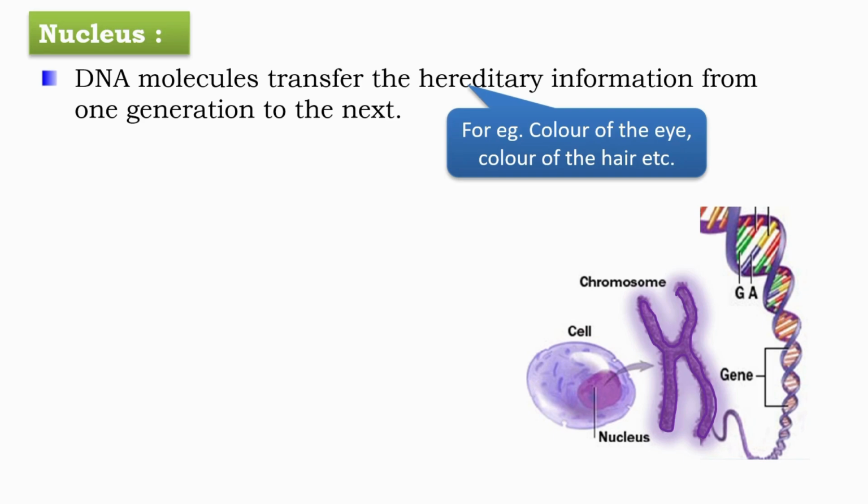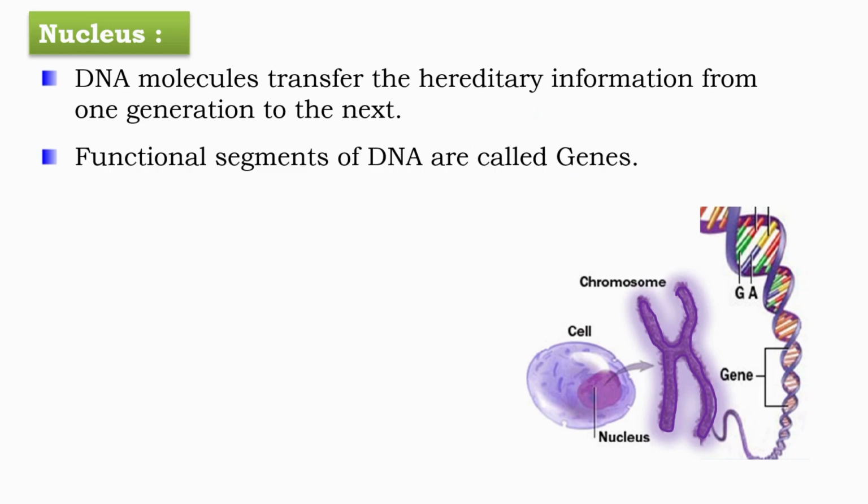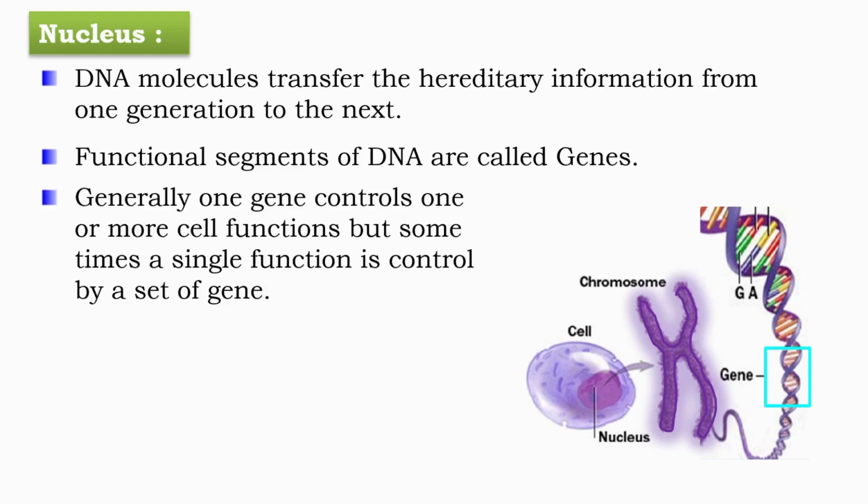Hereditary means, for example, the color of the eye, color of the hair, etc. Functional segments of DNA are called genes. Generally, one gene controls one or more cell functions, but sometimes a single function is controlled by a set of genes.